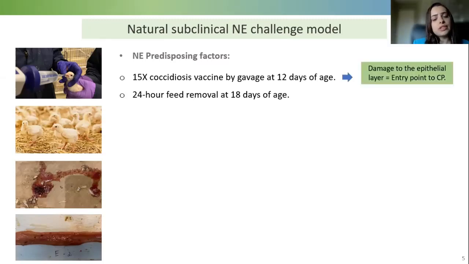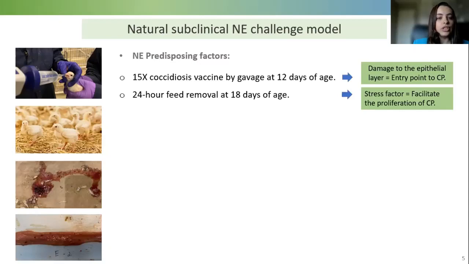The main purpose of this first predisposing factor was to cause initial damage to the epithelial layer and then serve as an entry point for Clostridium perfringens proliferation. Six days later, we applied 24-hour feed removal at 18 days of age, and this served as a stress factor also to facilitate the proliferation of Clostridium perfringens.